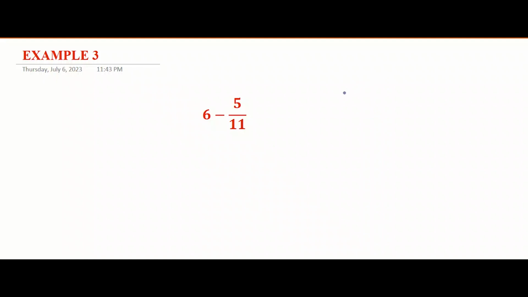If you are subtracting a vulgar fraction from a whole, that is 1, this is the shortcut. 1 subtracts 5 out of 7. So you are subtracting a vulgar fraction from 1. The shortcut is to say 7 minus 5, that will be 2, then out of the denominator, that will be 2 over 7. So that is the shortcut.